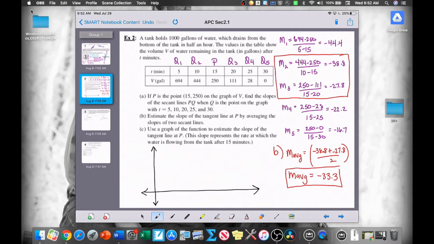And if we plot our points, we know that our time in minutes is on the x-axis, and our volume in gallons is on the y-axis. And our volume up here is all the way at 1,000, and our time in minutes goes up to 30 minutes.